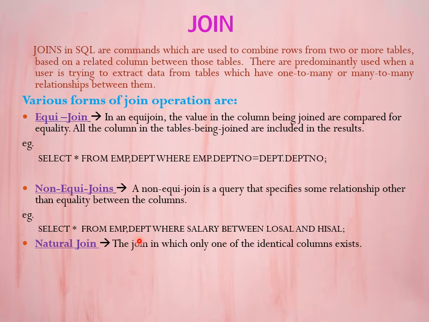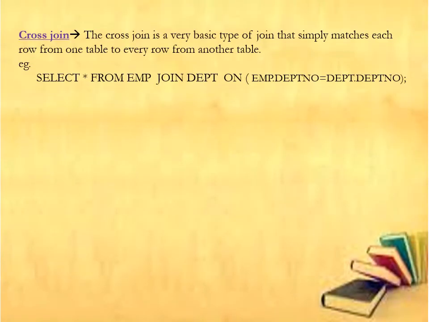Natural join. The join in which only one of the identical columns exists. When applying this, it will show the result from both the tables, but the identical column will be shown only once. Cross join.